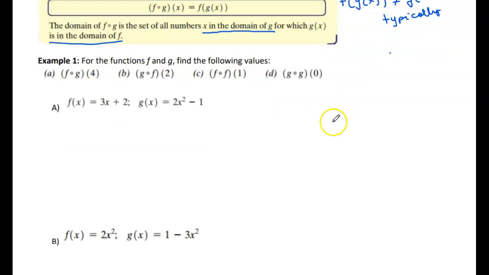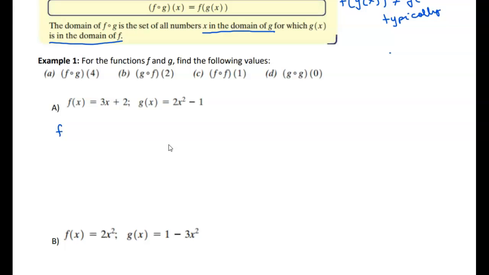So let's see how to evaluate. We want to figure out these values for the functions f and g. Let's look at part A, where f of x is 3x plus 2, a linear function, and g of x is 2x squared minus 1, a quadratic function.